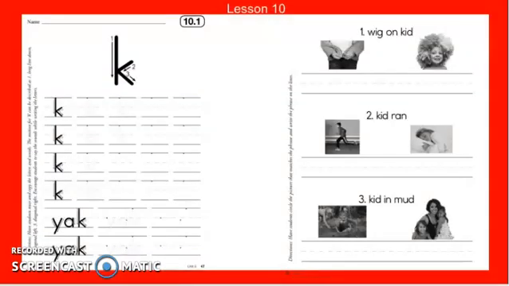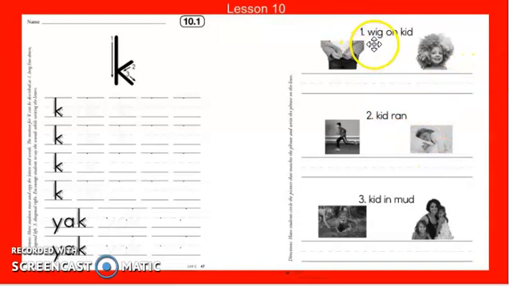Okay, so down here at the bottom, we're going to sound out the word yak. Yak. That's a type of animal, if you didn't know. We are going to sound out these words and then write the word underneath the picture that it matches.